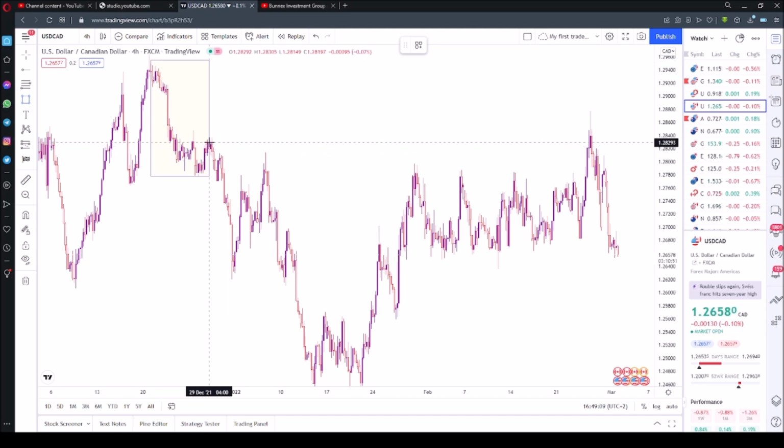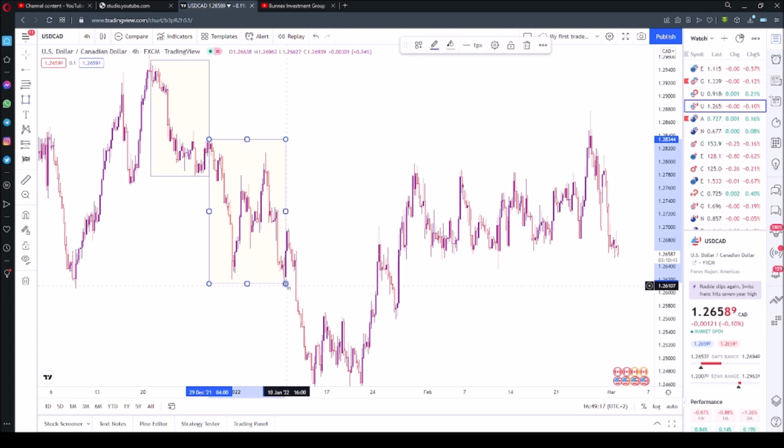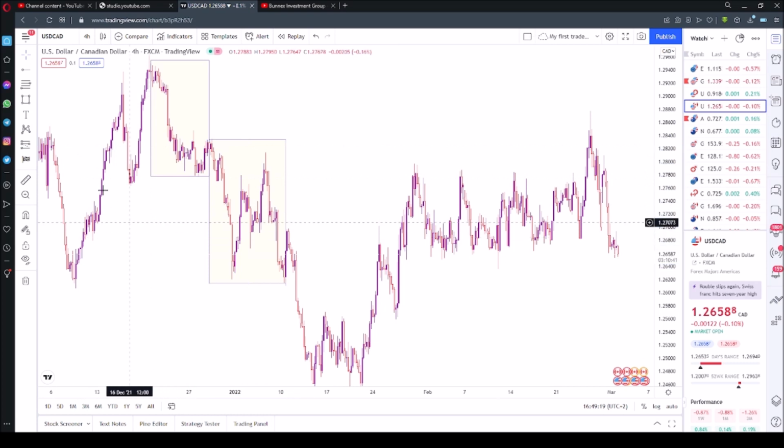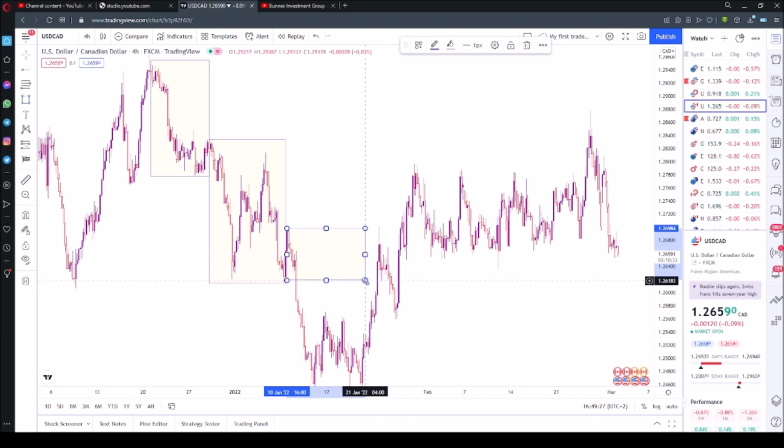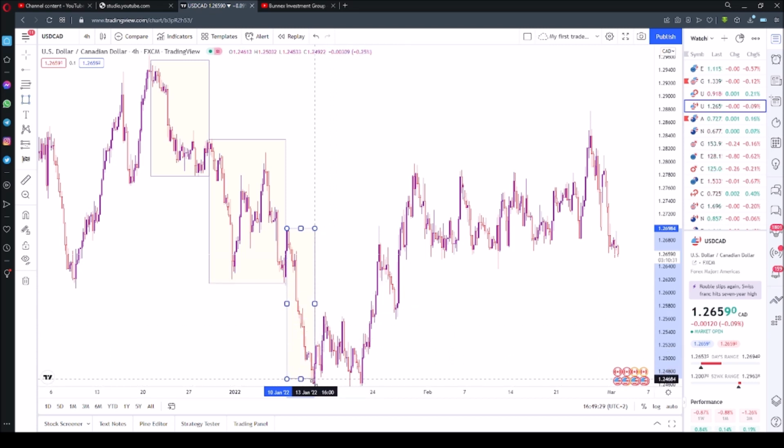Then we had the second drop from this point and its consolidation. So it was its level and its consolidation, and then the third level from this point going downwards to this zone.